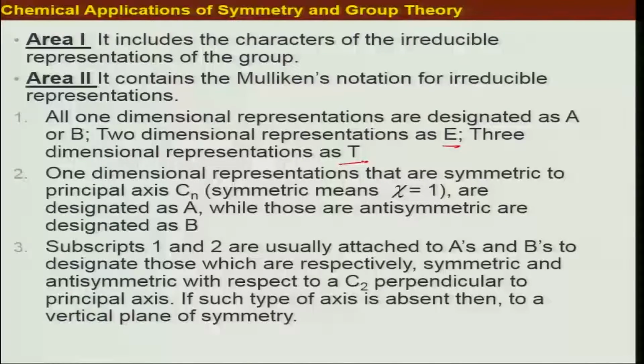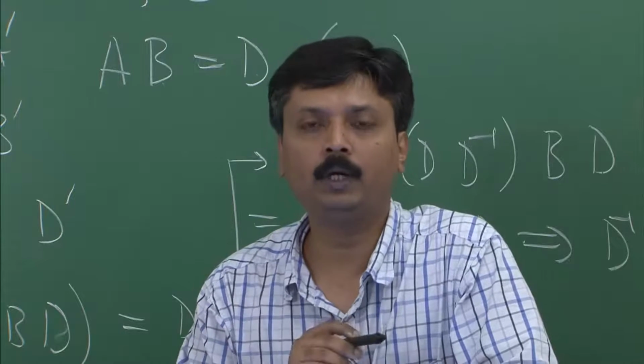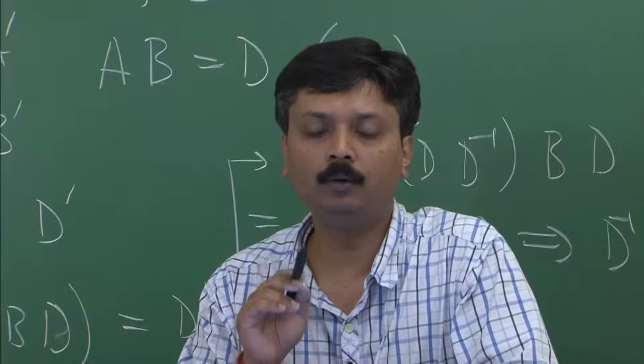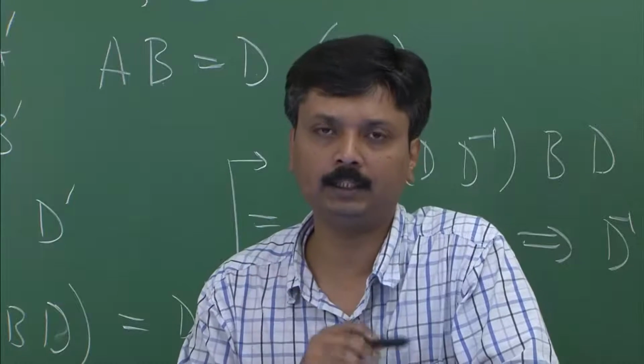For one-dimensional irreducible representations, after we have assigned that they will be either A or B, how do we know whether it will be A or B? We have to look at the character corresponding to the principal axis of symmetry.